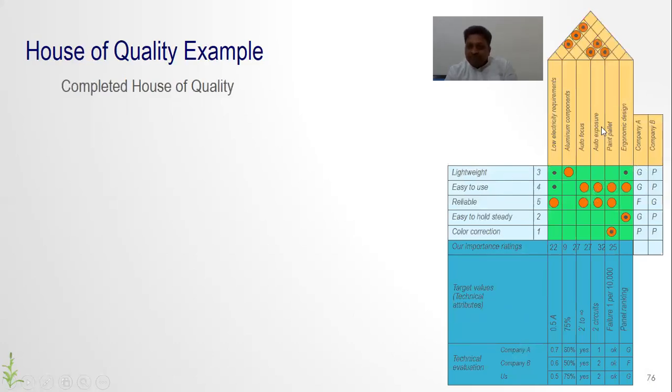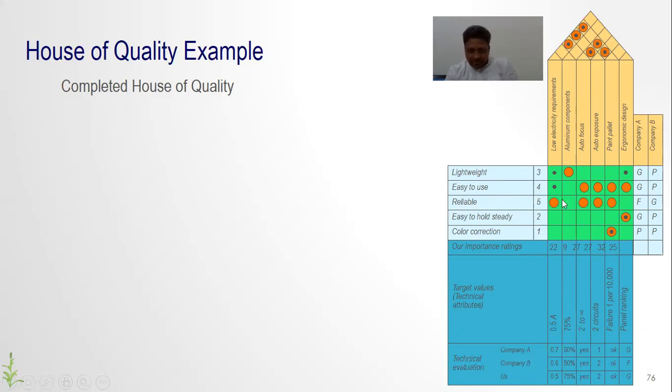Here the customer wants, how? These are the satisfaction or relationship diagram. Here the competitor 1, competitor 2, company A, company B. Here the target technical attributes and the technical evaluation, company A and company B.